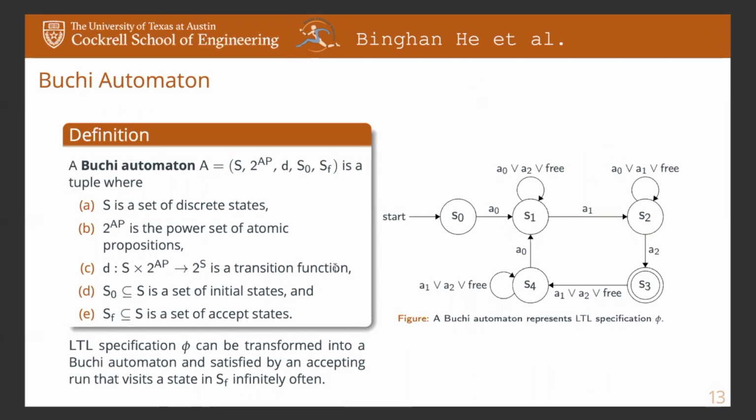And this temporal logic specification can be transferred into a Büchi automaton. From this Büchi automaton, we can see an accepting run that satisfies the temporal logic specification is to visit A0, A1, A2, and then come back to visit A0, A1, A2 again and again.